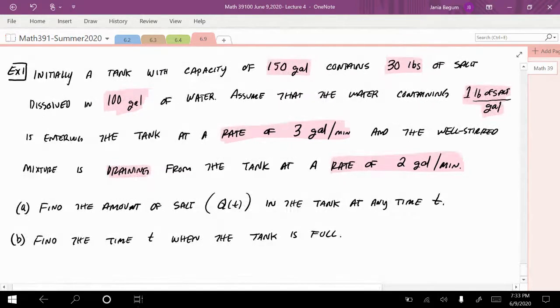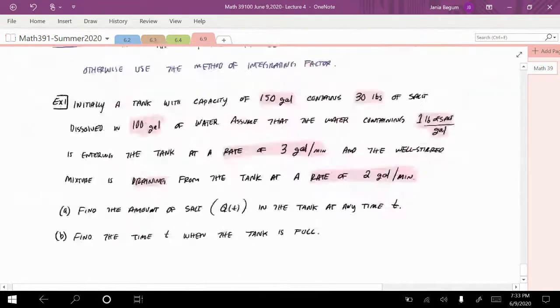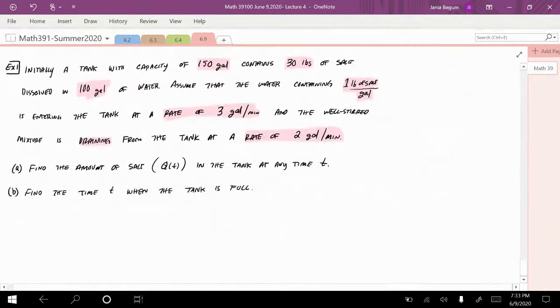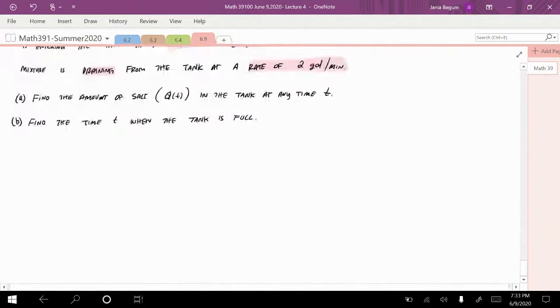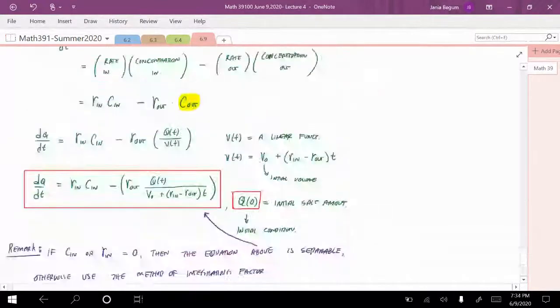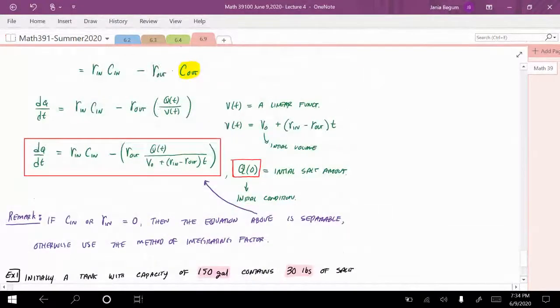Now, what about that 30 pounds of salt? What does that represent? Isn't that the initial value that's already in the tank? So would that be V0? No, the initial amount is Q0, right? Oh yeah, sorry.